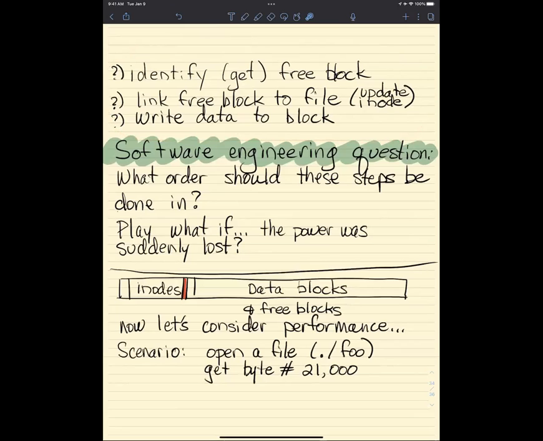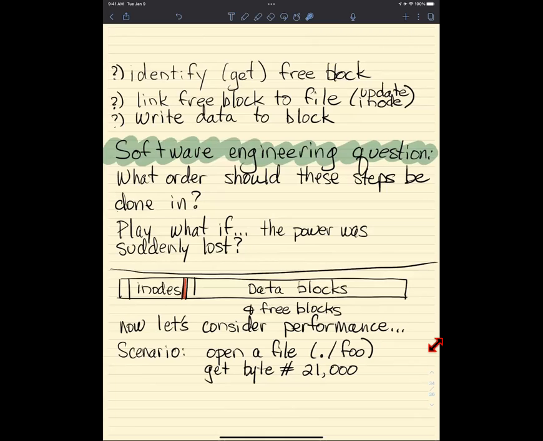Let me see if I can now see everybody's faces or black boxes. Fine. Okay. I want to order them in the optimal order of operations. The 3 steps that I identified are getting a free block, because one of the jobs of the file system is to keep track of the blocks that are allocated versus the blocks that are unallocated.